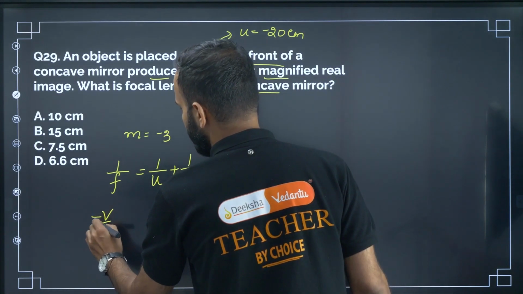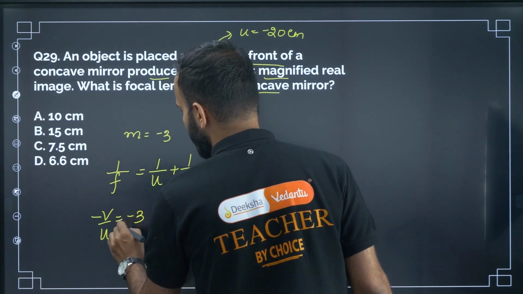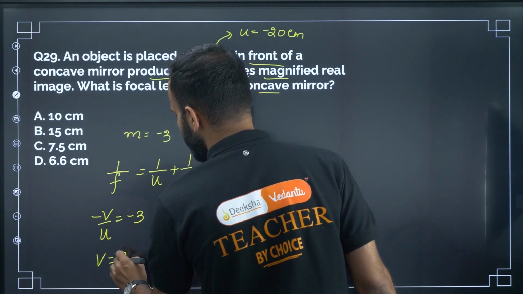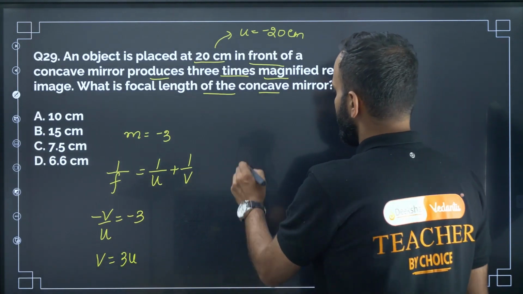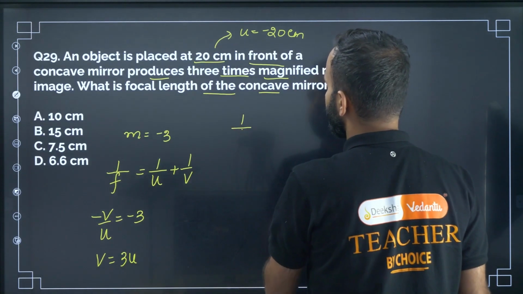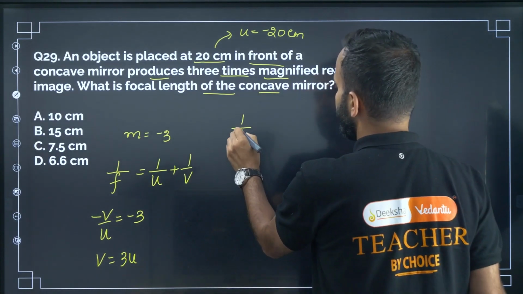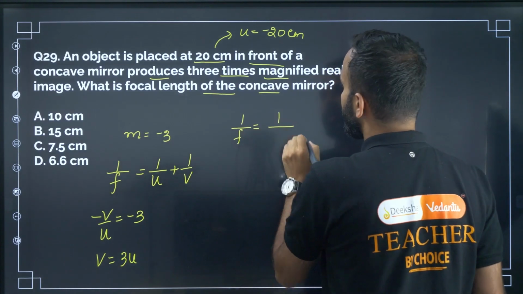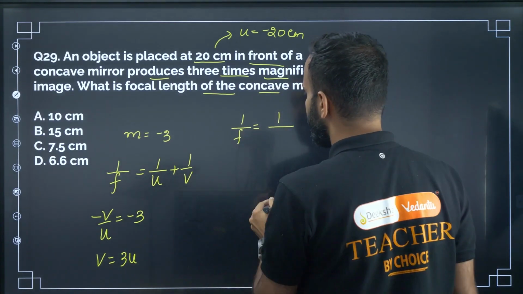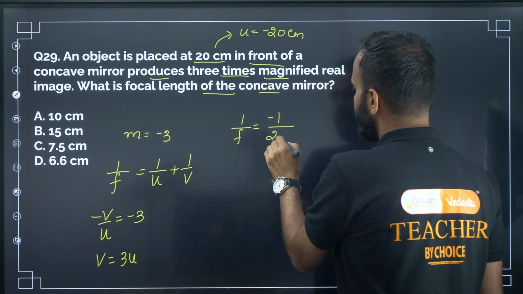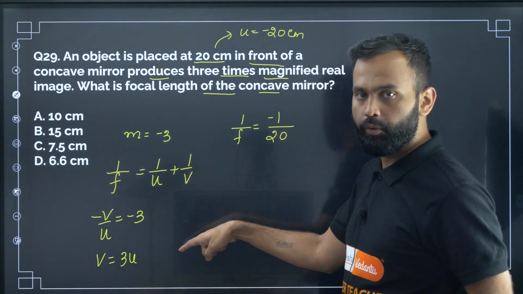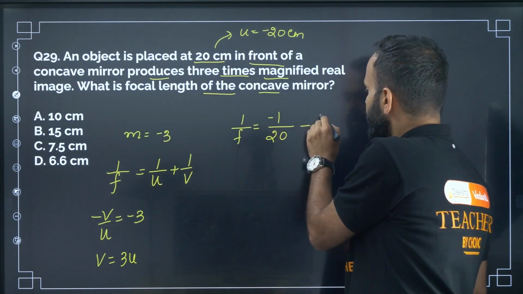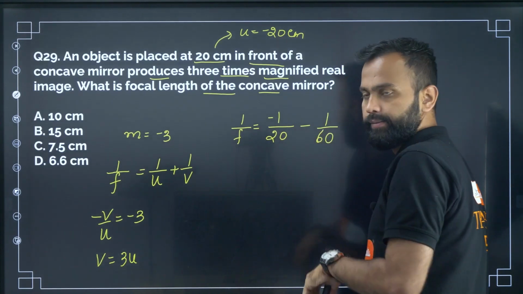So m is minus v by u, which is equal to minus 3. So v equal to 3 times u. Now 1 divided by f, which we need to find, equal to 1 divided by u, u is minus 20 centimeter, so minus 1 divided by 20, now plus 1 by v. v is 3u, u is minus 20, so minus 1 divided by 60.